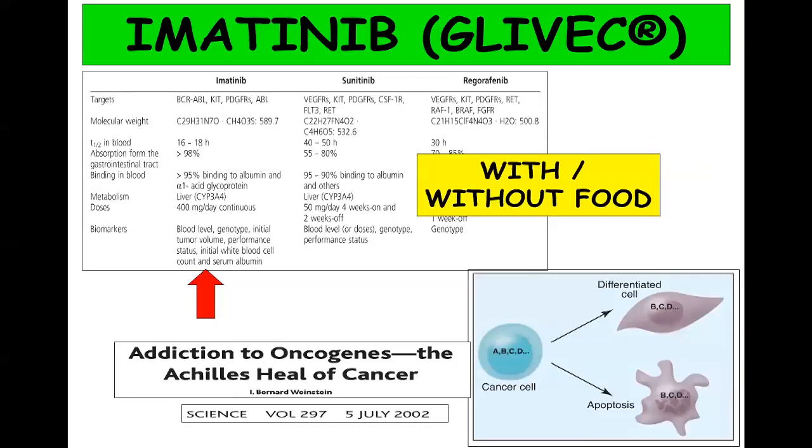This drug, imatinib, is a perfect model for oncogene addiction, the Achilles heel of cancer. It's a good example.